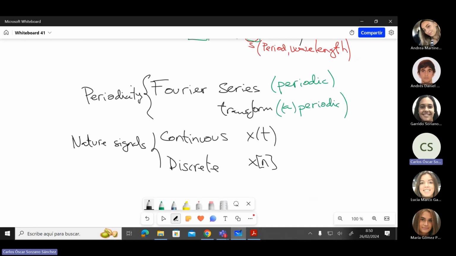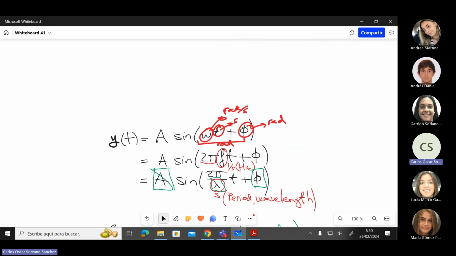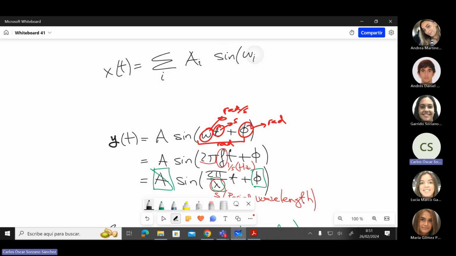This was a sinusoid, a single sinusoid. But in general, any signal, which we now call x, is a sum. Let's give it as a Fourier series for the moment. So it is a sum, and for the moment we don't put limits to that, of some amplitudes and then some sinusoids with given frequencies. Okay, so here are the three components.